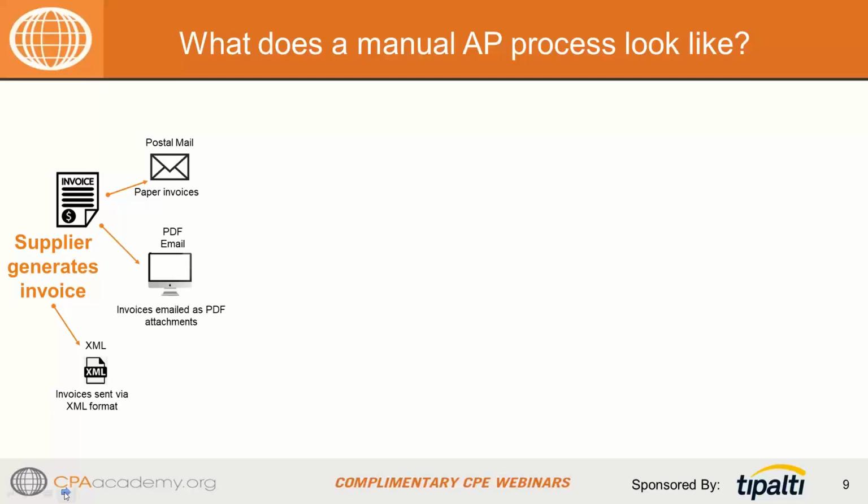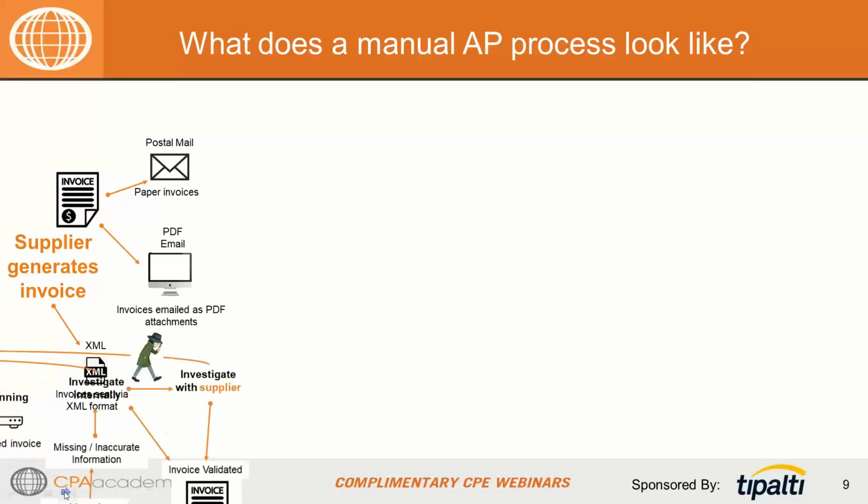And that's where we start with a supplier generating an invoice, and those are coming in usually with some sort of a manual fashion if you're not automated. So postal mail, PDF files, spreadsheets, and sent via email as attachments, XML, and in some cases EDI is used.